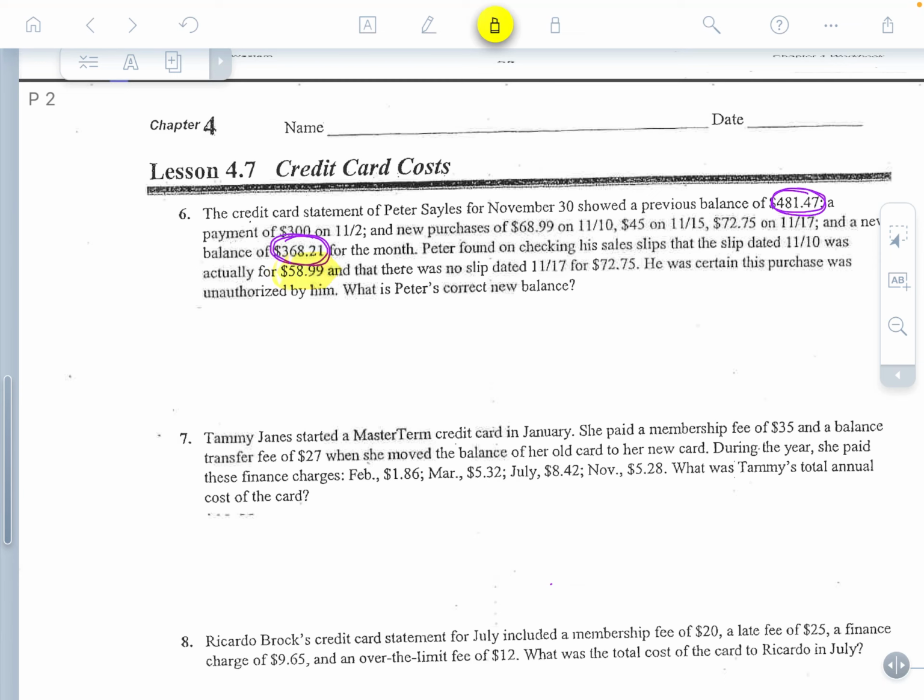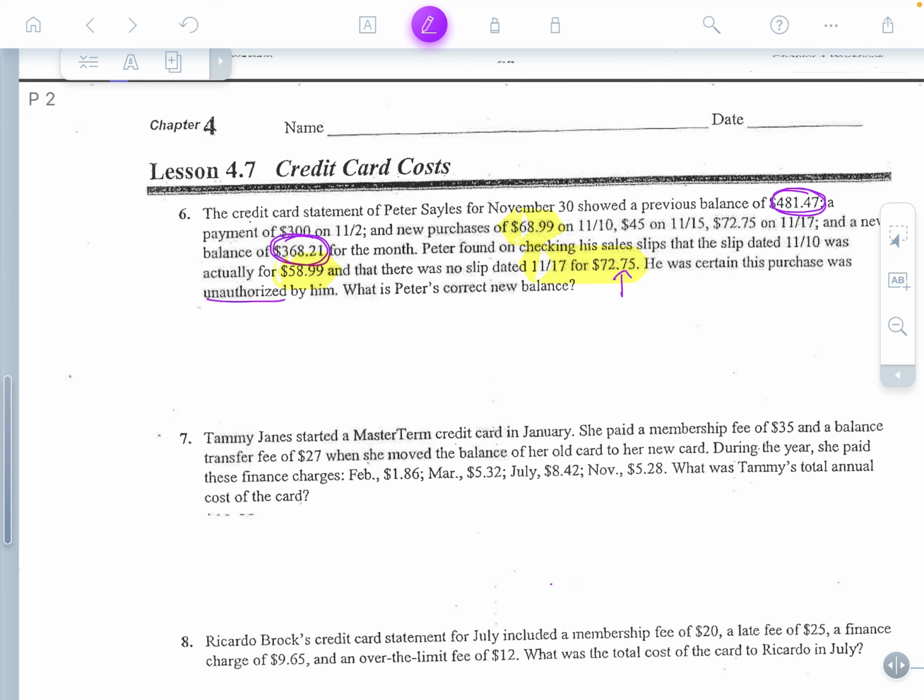So on 11/10, it said it was $68.99. He found it was $58.99. And that he didn't actually have a slip for 11/17. So this one, just like the previous one, this one is unauthorized, so he doesn't have to pay that number. So what is his correct new balance?